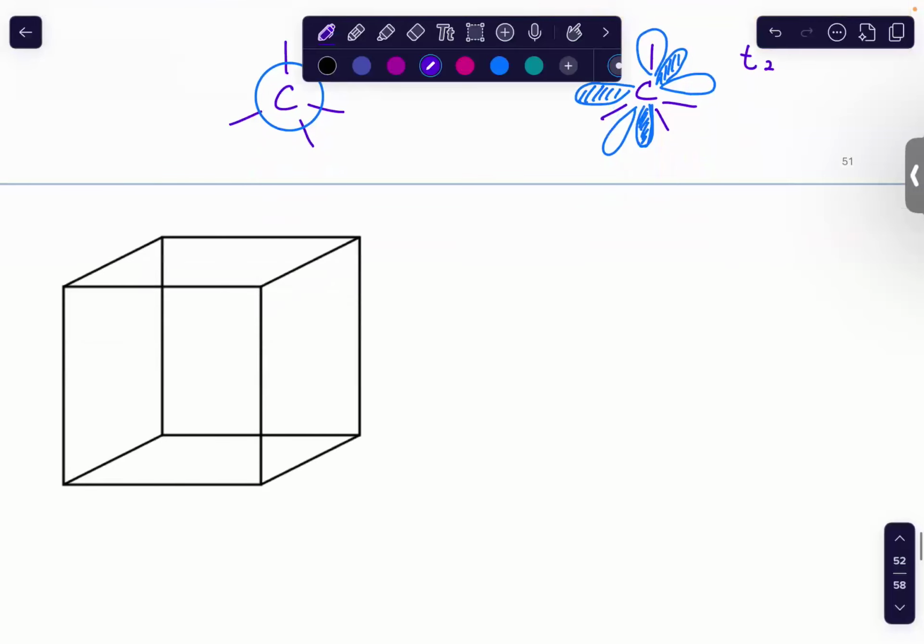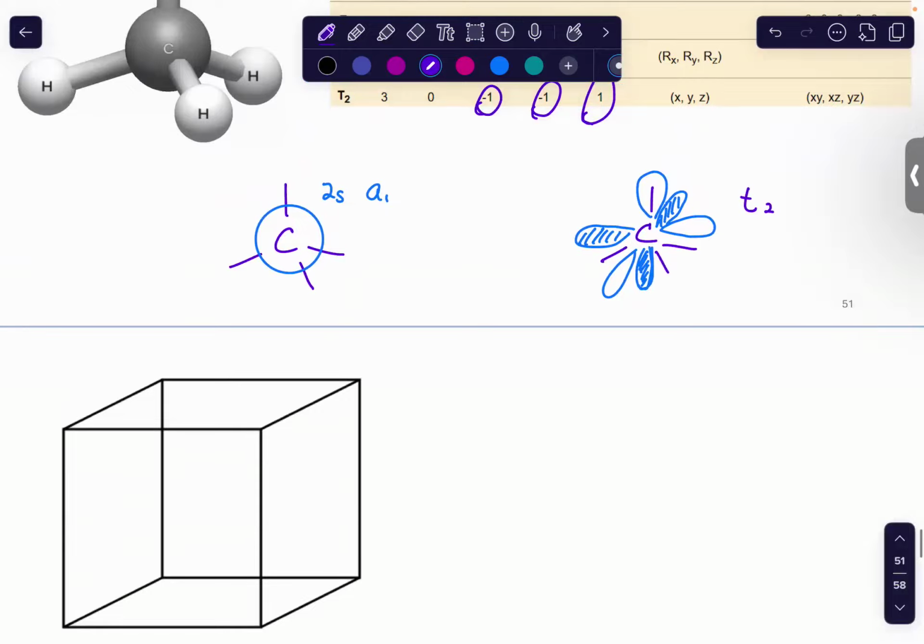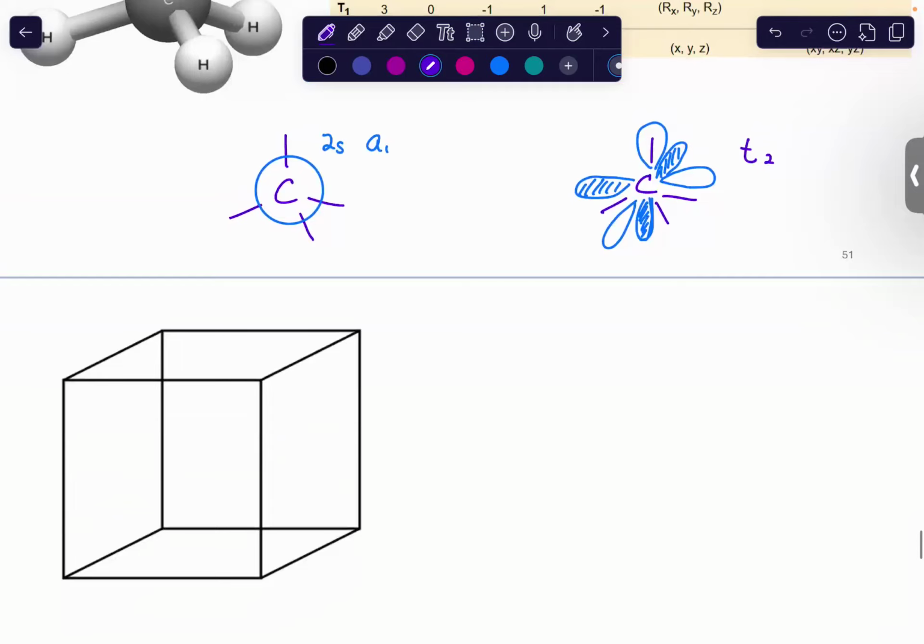Now, the reason we're going to be using cubes, let's start thinking about these ligand group orbitals. I'm going to tip it on its side, because you remember another way to write this. Do you remember we can also do this?